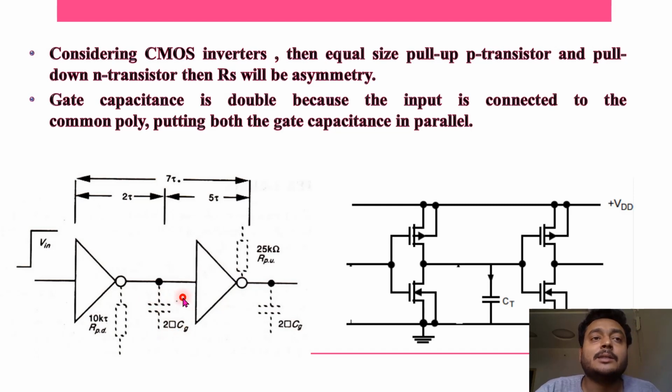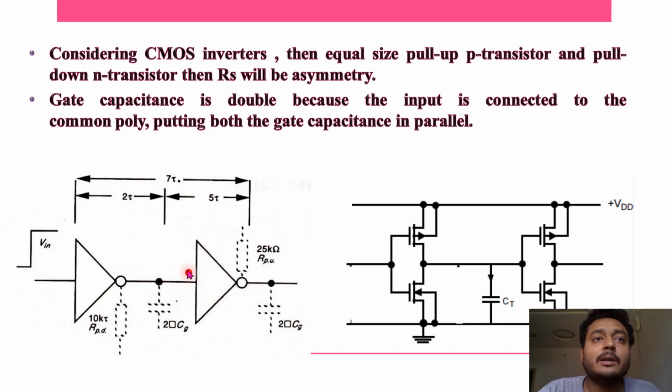So this will be one time RS and this will be two times CG. So in total you are going to get two times RS into CG, that is 2 tau. This is the delay you get here, 2 tau. Similarly, at this stage, if you give 1 here, you get 0 here, and this 0 will be the input for this inverter.